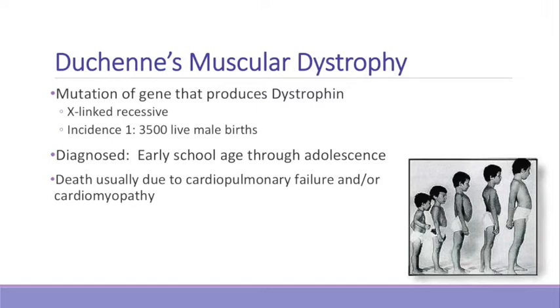There is a variable rate of the reduction of these contractile units, and diagnosis will usually occur between the ages of 2 and 5 years old. There are several types of muscular dystrophy, but we are only going to talk about Duchenne's. Duchenne's is a loss of dystrophin, 2/3 of which are inherited, and 1/3 is a new mutation.